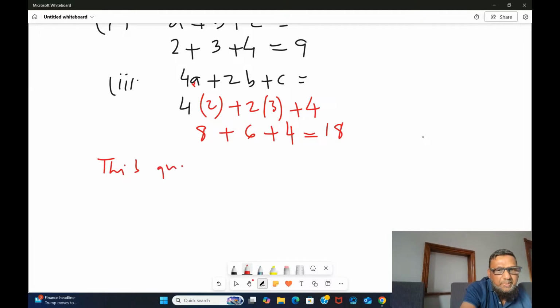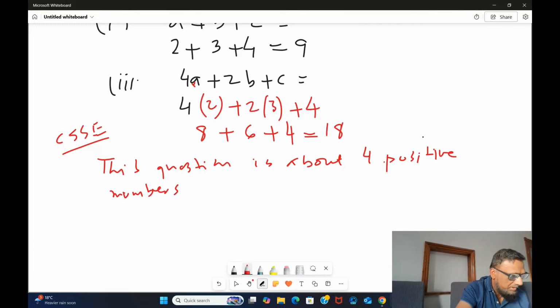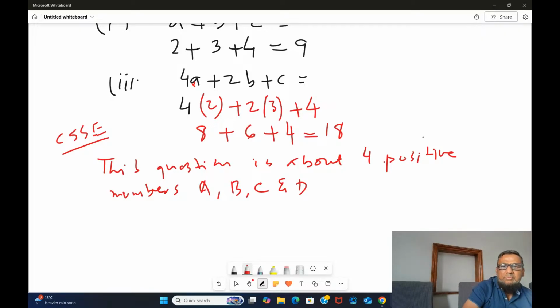This is a past paper question, about four positive numbers: A, B, C, and D. They have given you some additional information.